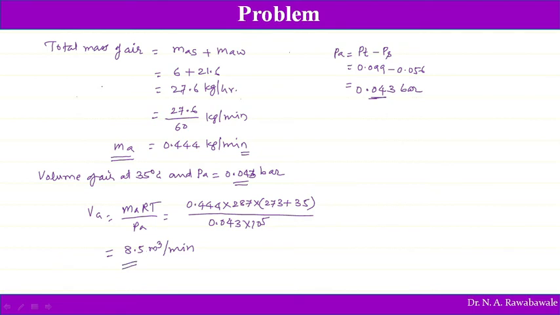So volume of condensate per minute. Now volume of air is known per minute. We have to find out volume of condensate per minute, volume of cooling water per minute, and then find the total volume.